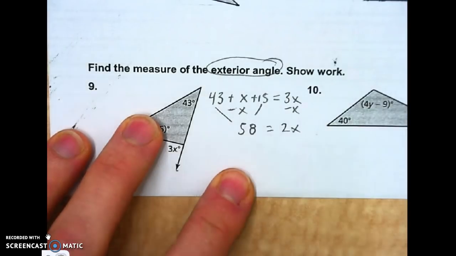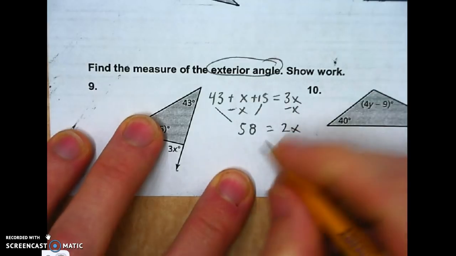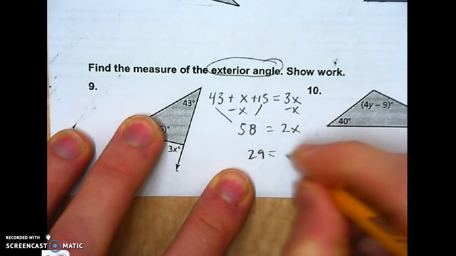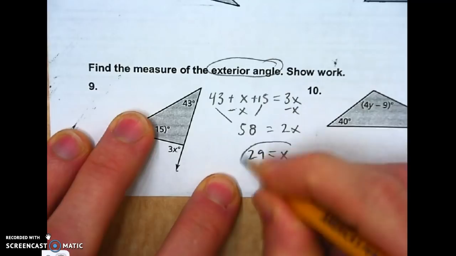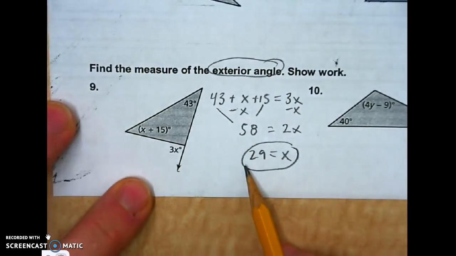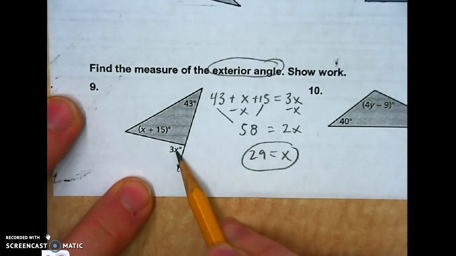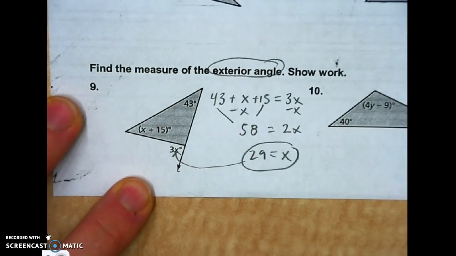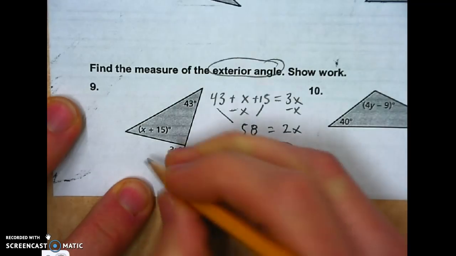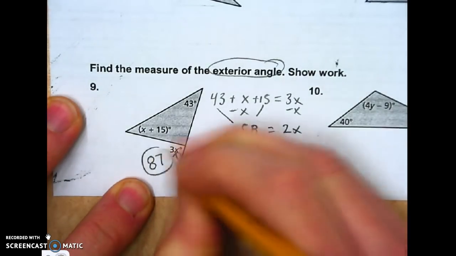We get 29. Now I'm going to plug this in right here. What you do there is you just times 29 times 3. So we get that the exterior angle is 87.